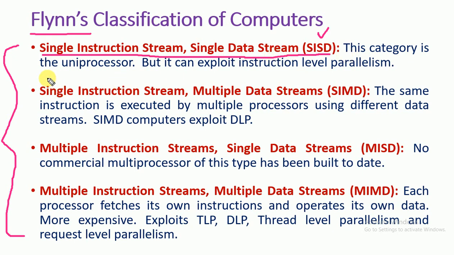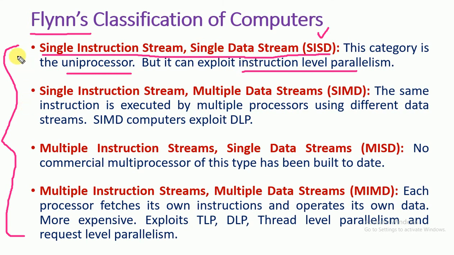This category is applied to a uniprocessor, a single processor. A single instruction is given and single data is given, and that will be executed in a normal way. It can exploit instruction level parallelism because the same instruction can be divided by using interleaving or pipelining. A single instruction is given to a single data.